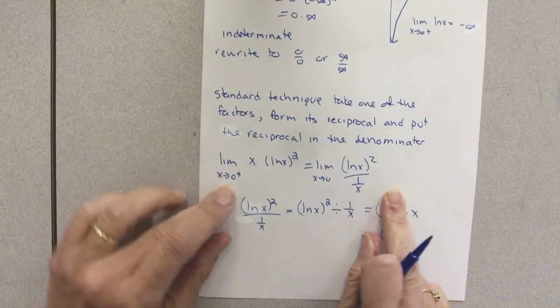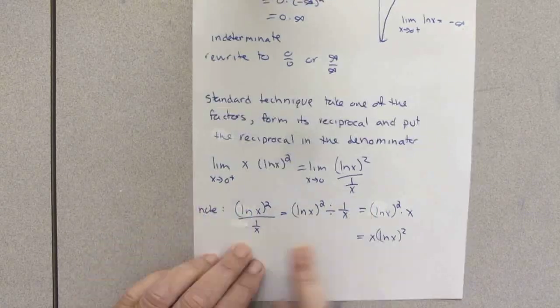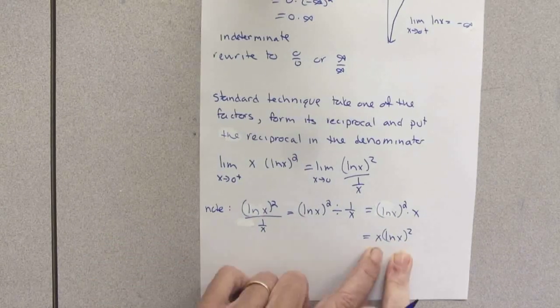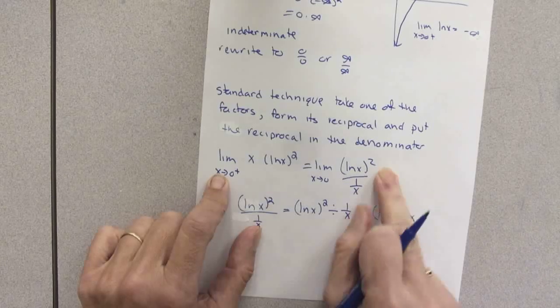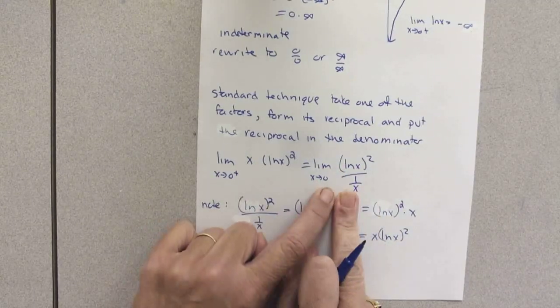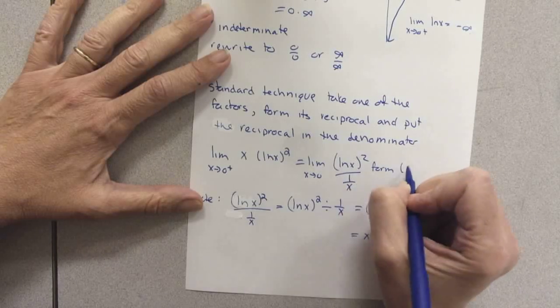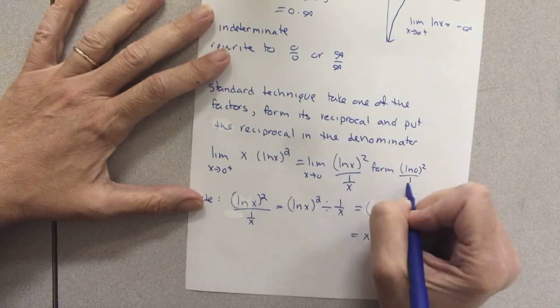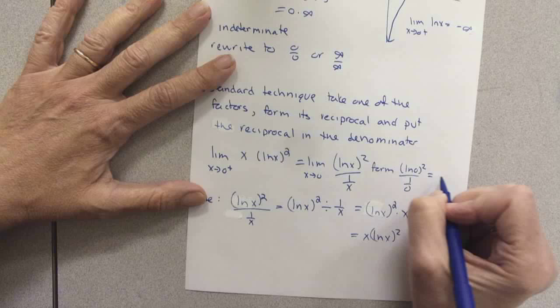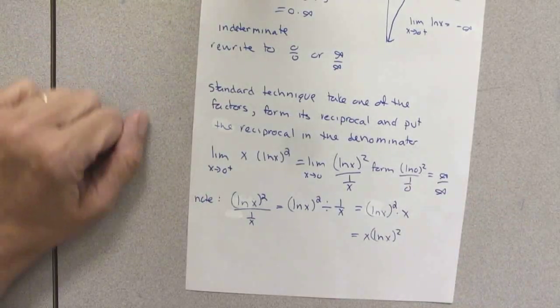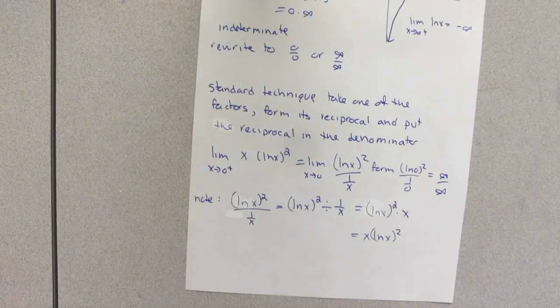That's what we really could call this. We unsimplified this expression, because if we simplified it, we'd go this way and get that. So I unsimplified it. But the reason why I did this, my form now will be log of 0 squared, 1 over 0, which would be infinity over infinity, and now it has a L'Hopital's format.